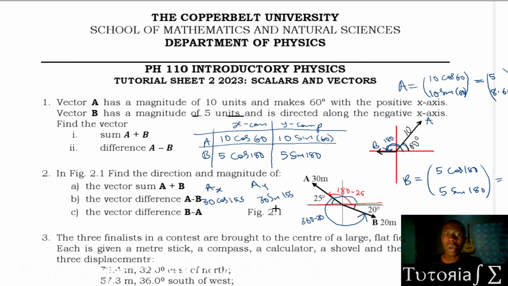You do the same for B. For B, the x component will be 20 cos 340, and you do the same thing for the y. Then you start doing what we did here, and you're good to go.